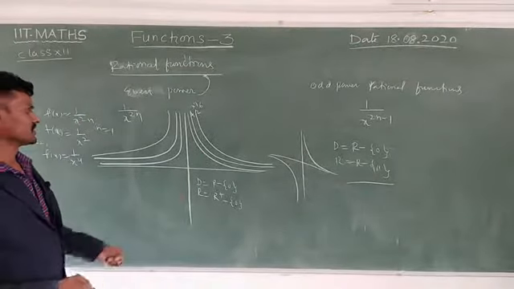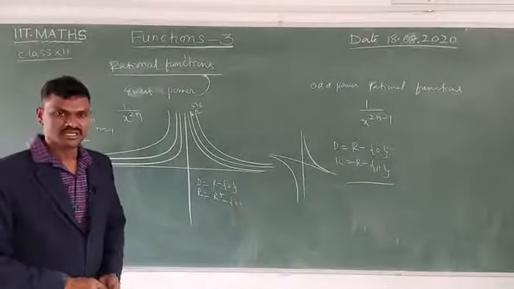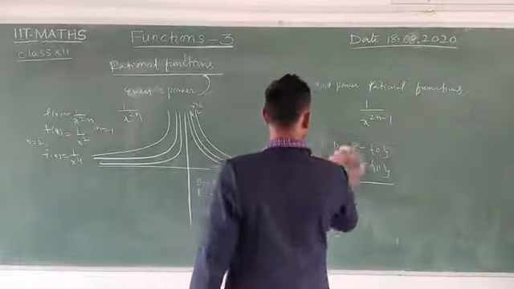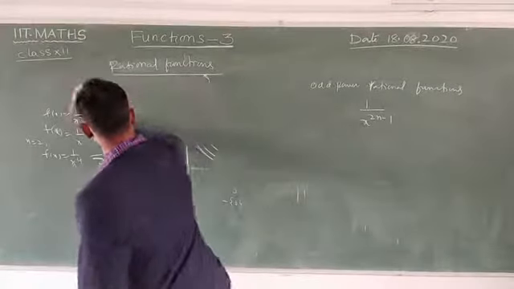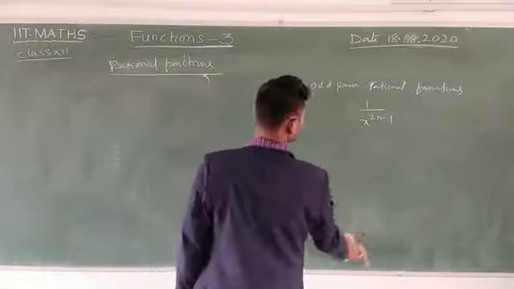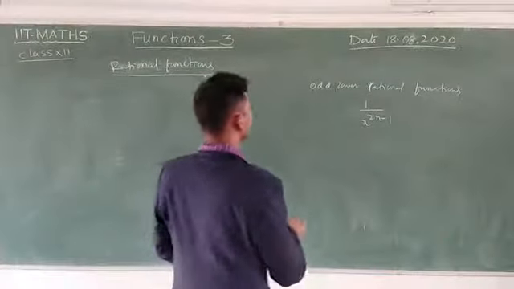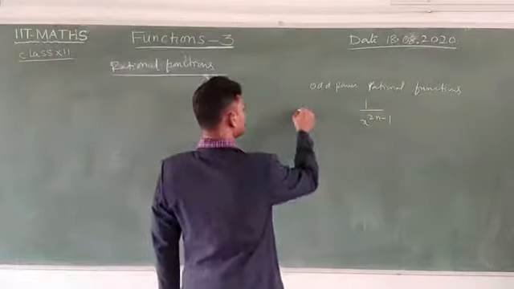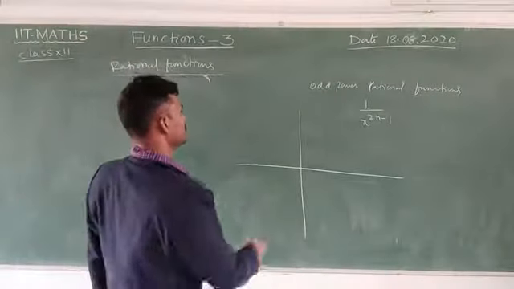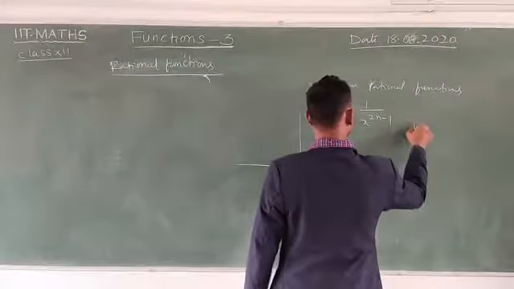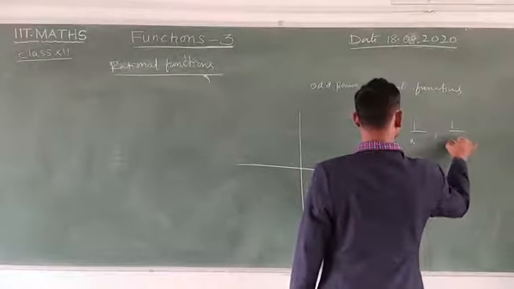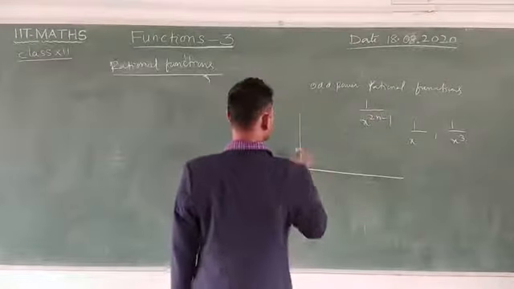Okay, these are the even rational powers, and odd rational powers we have to see here. Here n is equal to 1 means 1 by x, and n is equal to 2 means 1 by x cube.